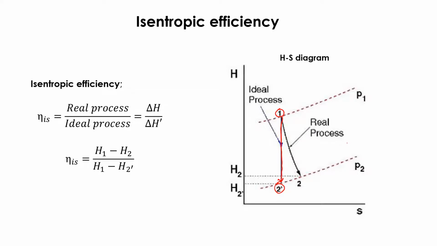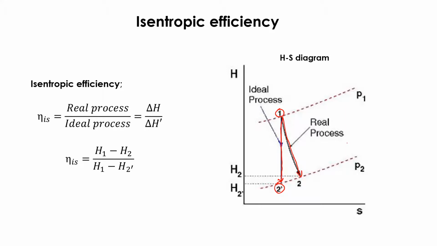An isentropic process is an ideal process without change in entropy. The actual process that happens is this line. So this is the actual process.